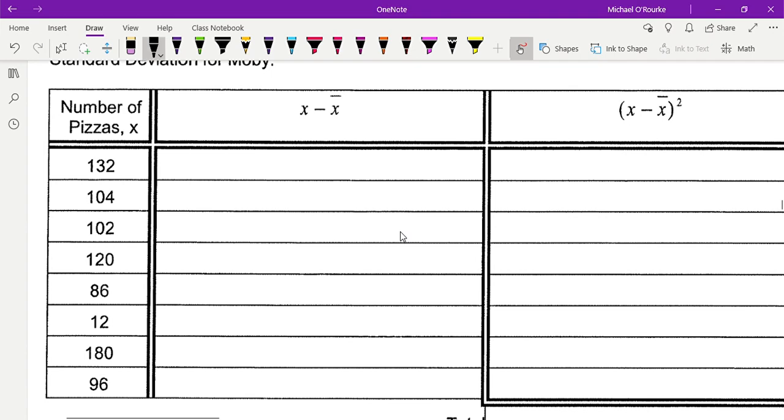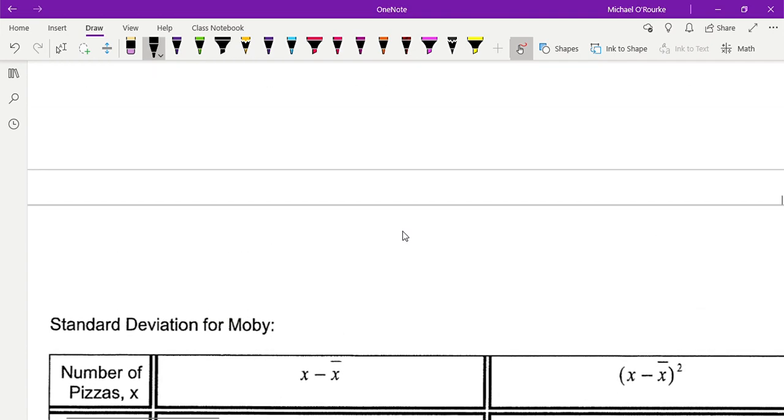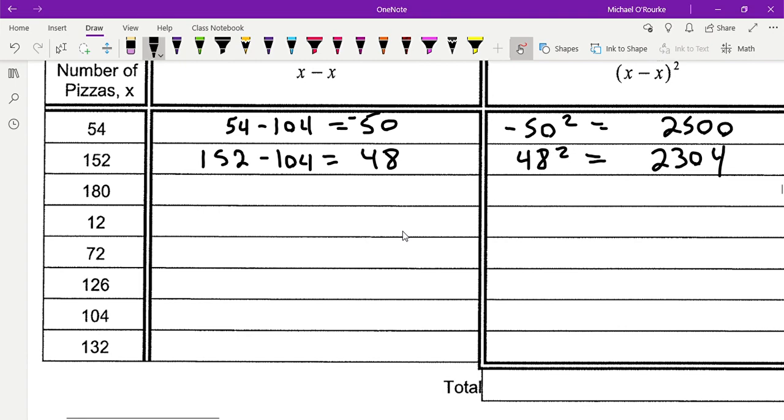If you flip it over, Moby's on the next page. 54 minus 104, right? But when you square it, it's just going to become positive anyways. They had the same mean.